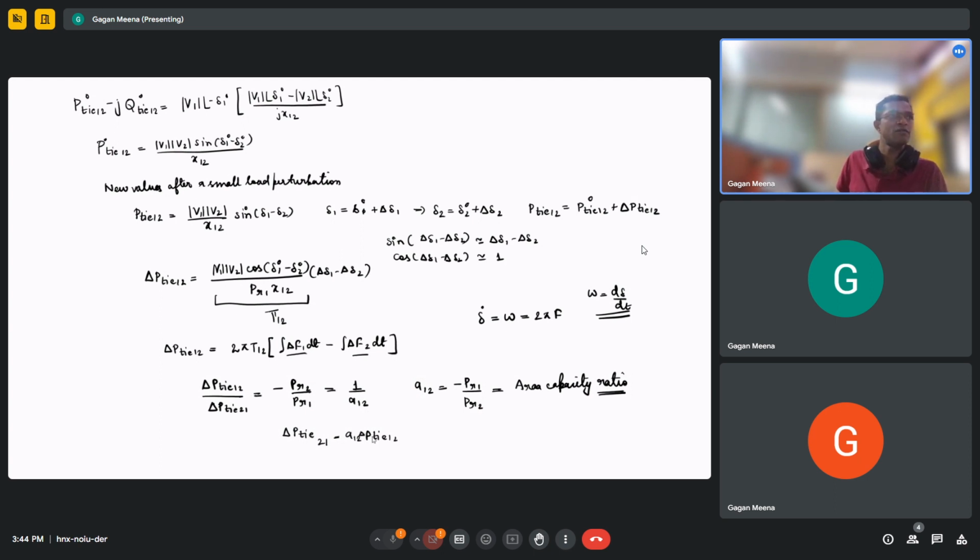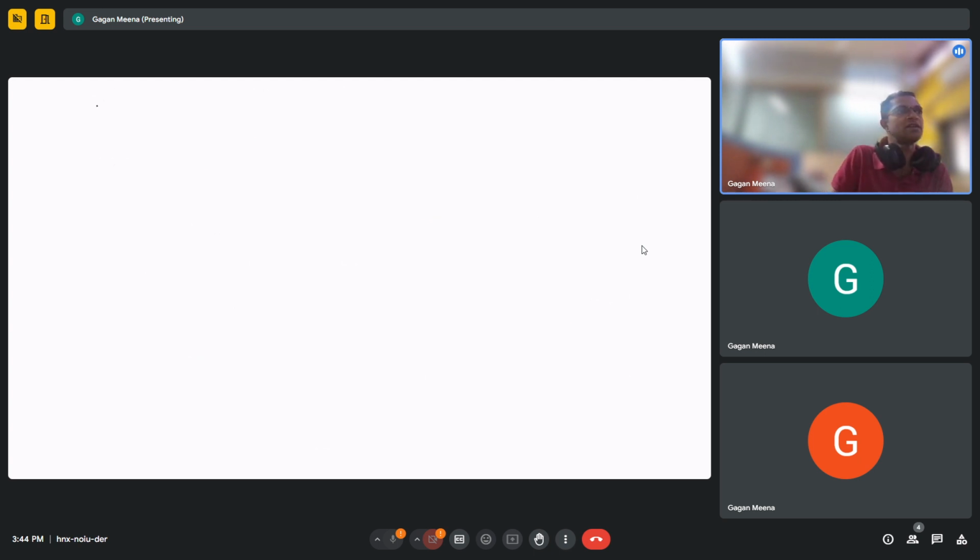So now we already know the equation that in steady state we can write: delta Pg1 minus delta PL1 minus delta P tie 1-2 is equal to 2H upon f0 d by dt of delta f1 plus D1 delta f1.